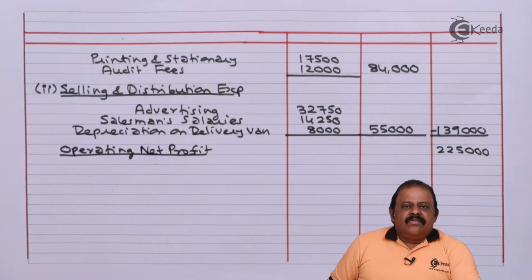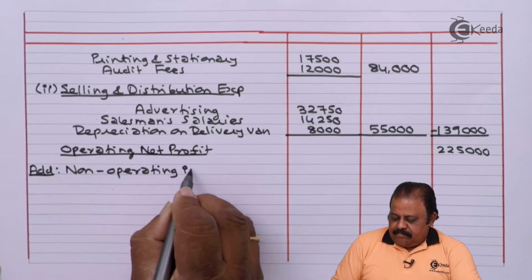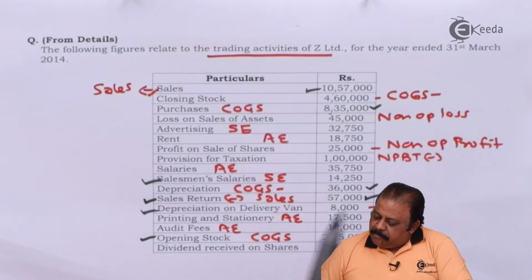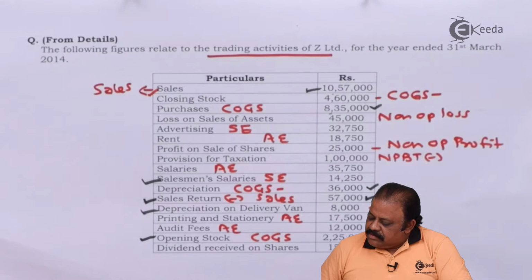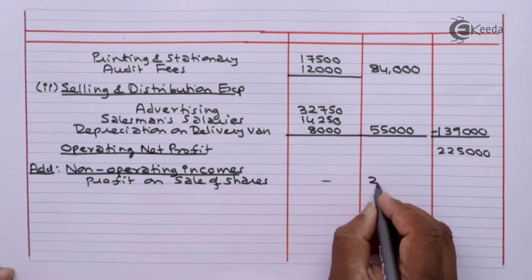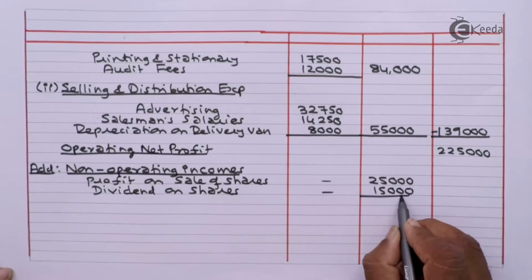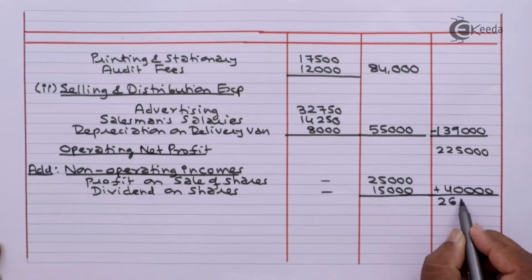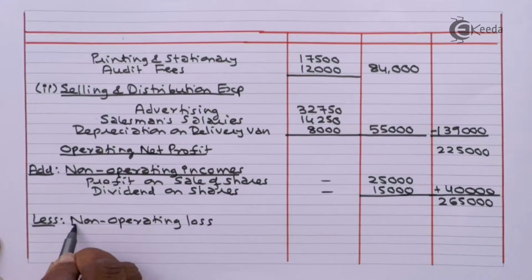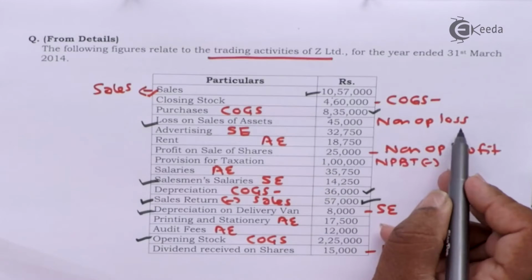To this we are going to add non-operating incomes. Profit on sale of shares is a non-operating income. Dividend received on shares, non-operating income. Loss on sale of asset 45,000 is a non-operating loss.